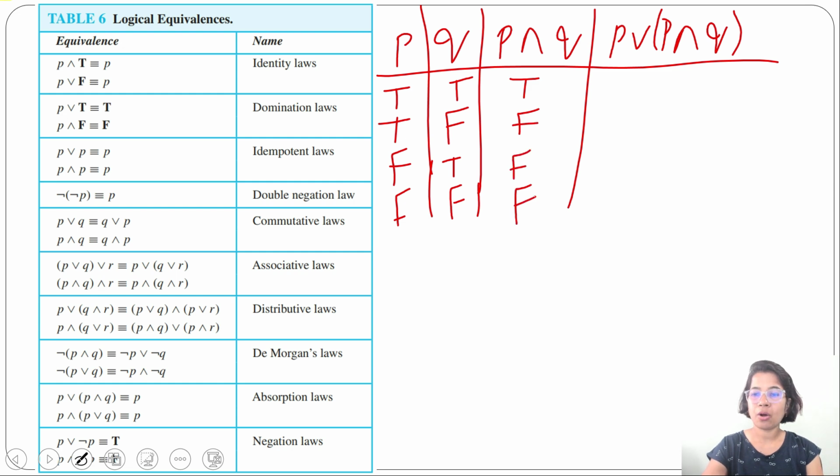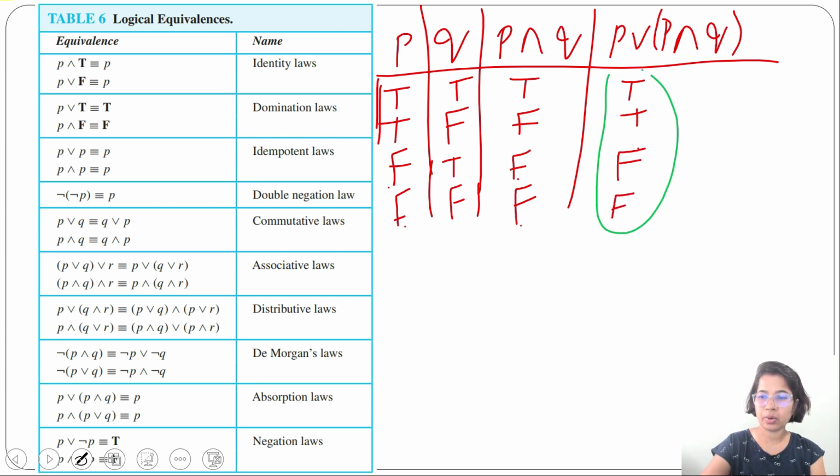Next P or (P and Q). Here P value is true, or anything, it's true, so we'll write true. Then false or false, it will be false. Then false or false, it's false. Here true, false, false. Here also true, false, false. So I can say P or (P and Q) is equivalent to P.